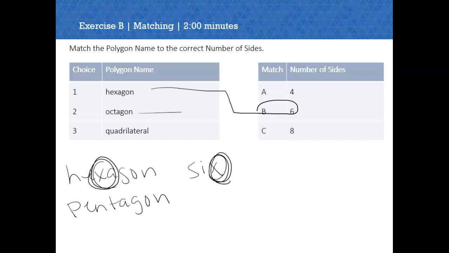Octagon has 8 sides. And quadrilateral, quad means 4. So quadrilateral has 4 sides. So again, not necessarily difficult math-wise, but knowing all of the definitions is the challenge in this unit.